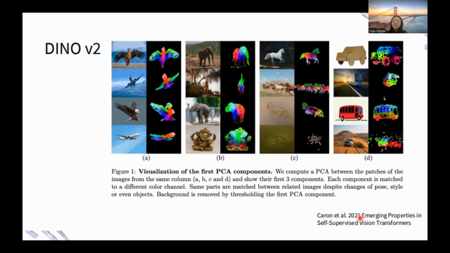The goal is to have stronger zero-shot features, as in, given just this image, without any labels and input, it should learn to classify and detect each part.